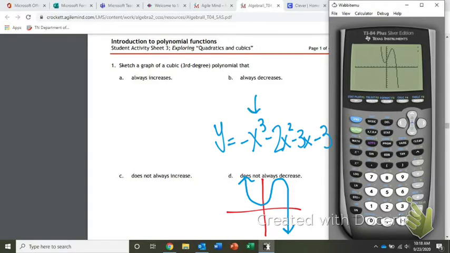Okay, it has a constant term of negative 3, and the leading coefficient right here, would that just mean negative? Like just my coefficient is just a negative? No, what is that number that's there that we don't write? A 1. So my leading coefficient would be a negative 1.